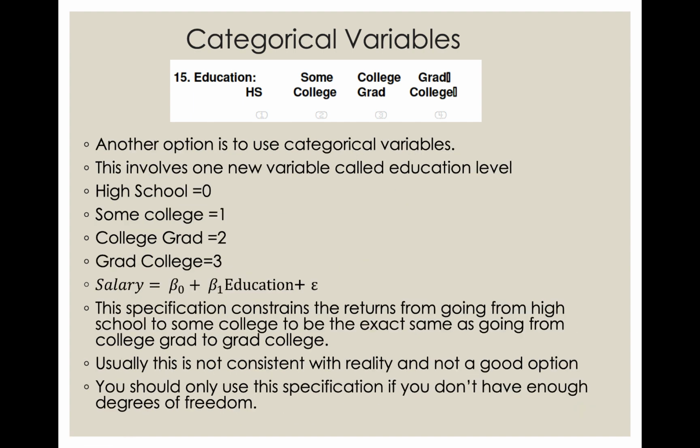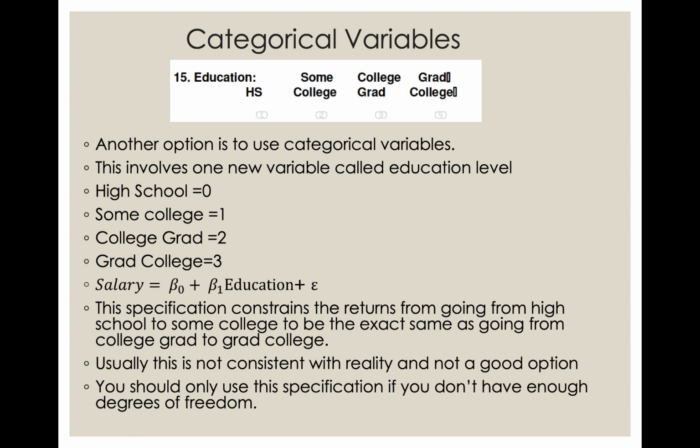Your other option is to just include one variable, let's call it education level, and say that high school equals 0, some college equals 1, college grad equals 2, and then grad college equals 3. So this would be our new variable. The problem with this specification is that it's very specific in the sense that it puts a constraint on this relationship that probably doesn't exist.